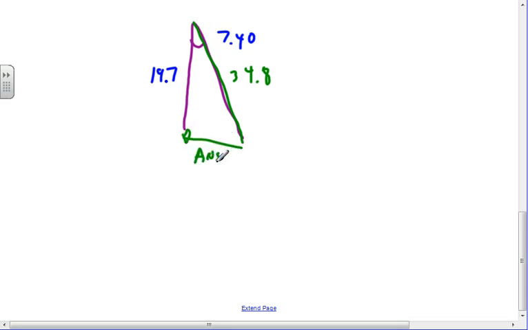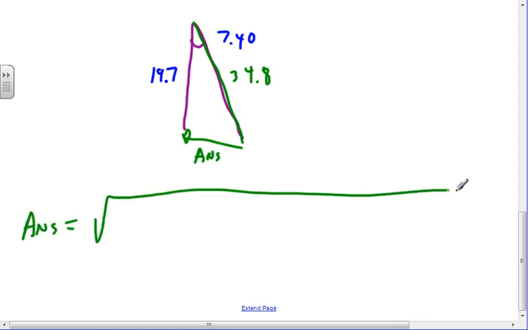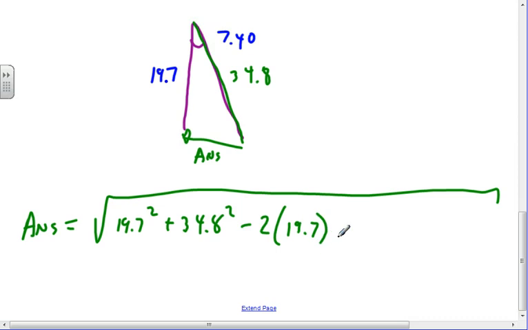A and S, answer. So answer, using the law of cosines, the square root of 19.7 squared plus 34.8 squared minus 2. Did I put a 2 in the other guy? 2 times 19.7 times 34.8 cosine 7.4 degrees. All right, now I'm ready.